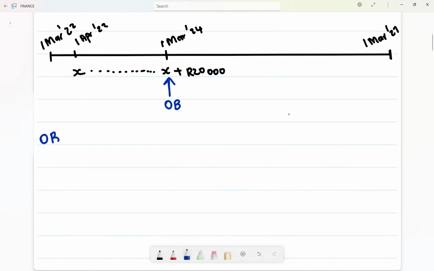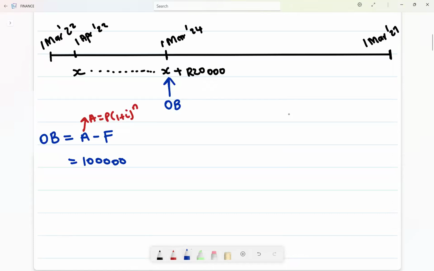So for the outstanding balance, I prefer using this one that says A minus future value, where A is your compound formula. For this one, we will use this formula.